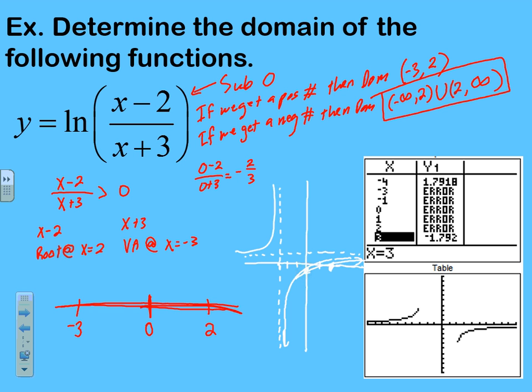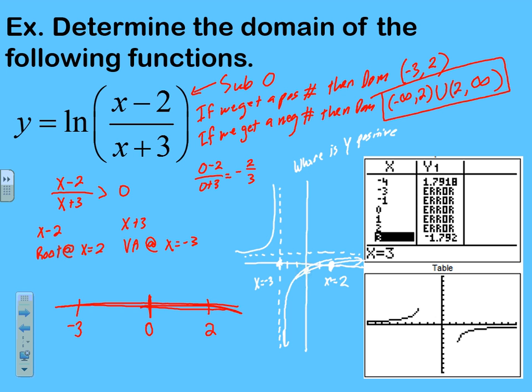And again, we want to ask ourselves, where is y positive? Between what x numbers? Well, y is negative. I have negative answers between the -3 and the +2.